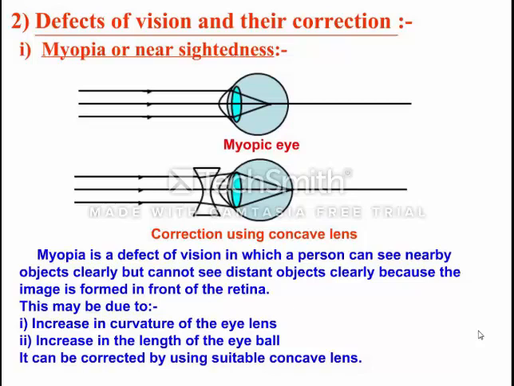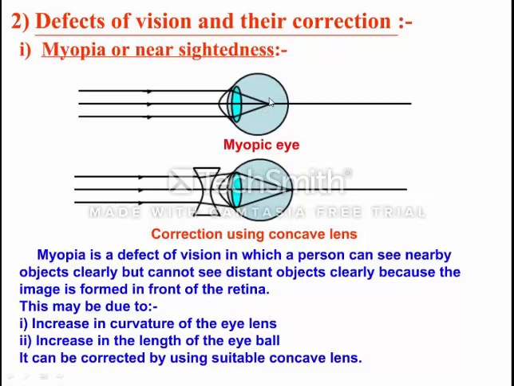So myopia is a defect in which the nearby object is seen clearly, but the distant object is not seen clearly. In the case of a nearby object, the image is formed on the retina, but for a far object, at infinity, the image is formed in front of the retina, before the retina. Actually the image should be formed on the retina.